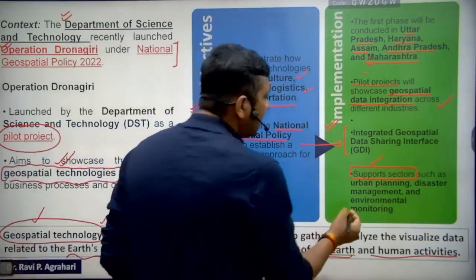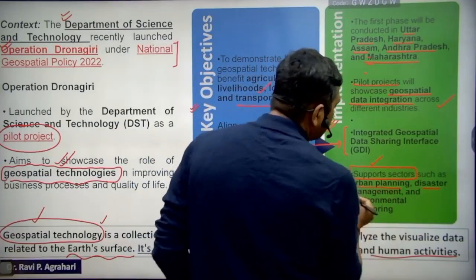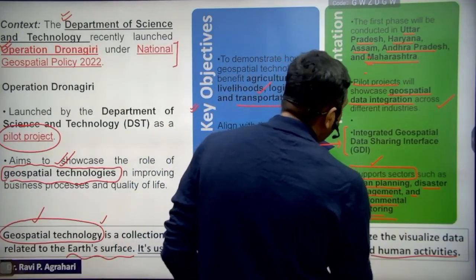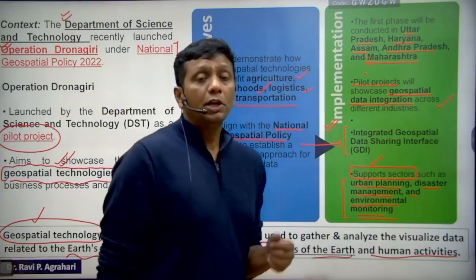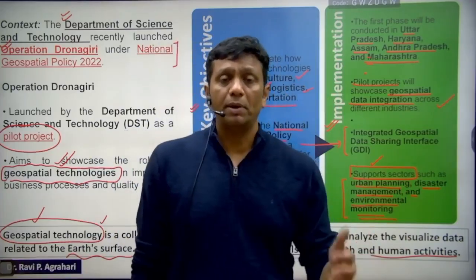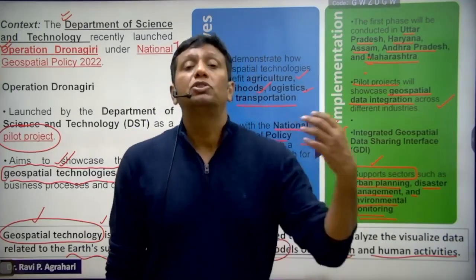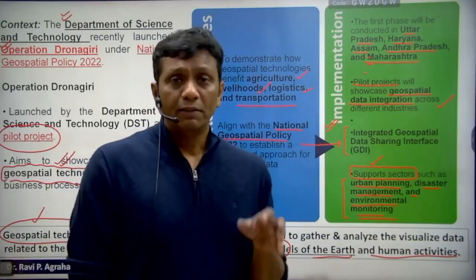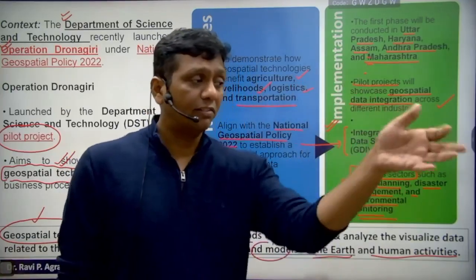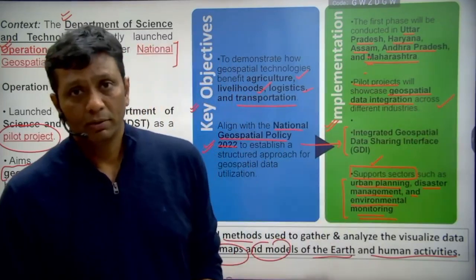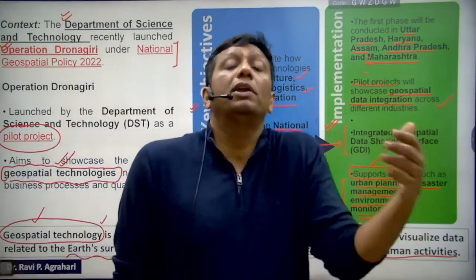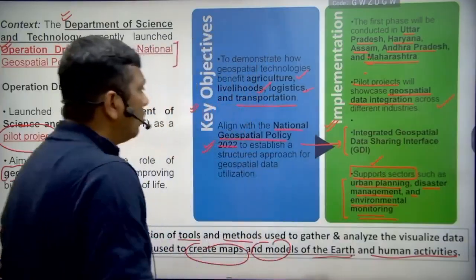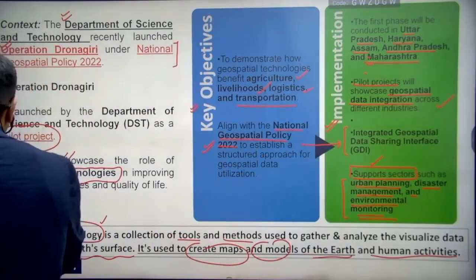What are the sectors? Urban planning, disaster management, and even environmental monitoring. Everything we can do. Anywhere a disaster happens, drought happens, flood happens, some storms come, ultimately with the help of geospatial technology data, we will get a lot of benefits and we can save the lives of human beings. Even in such a way, we can boost up the industry and economy also, guys. So everything is integrated in such a way.